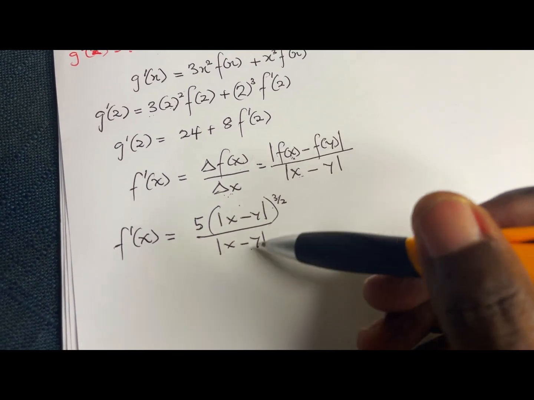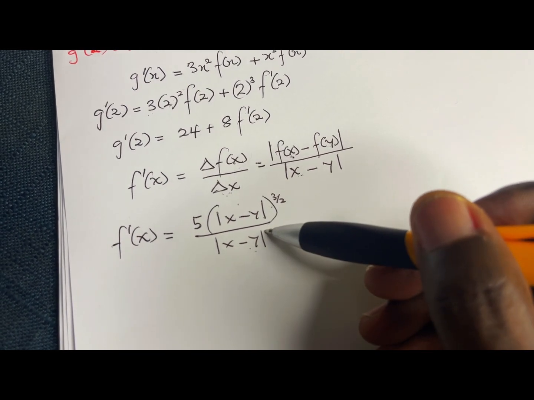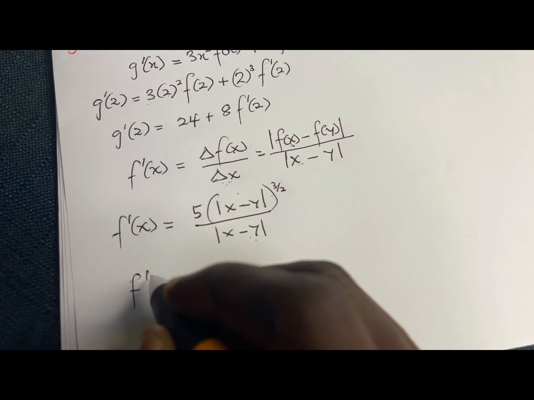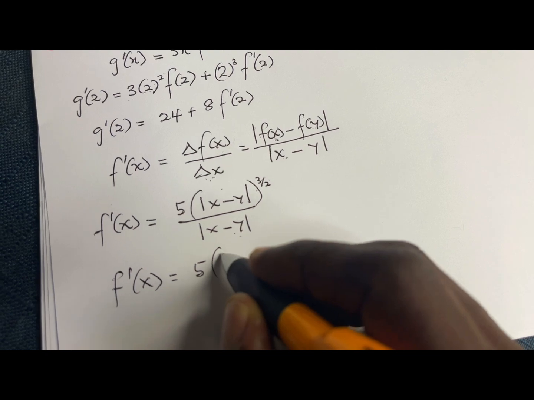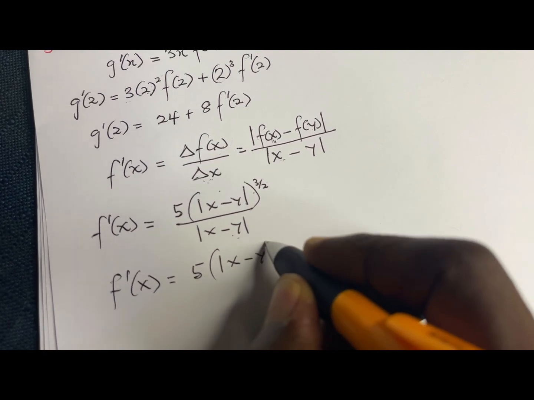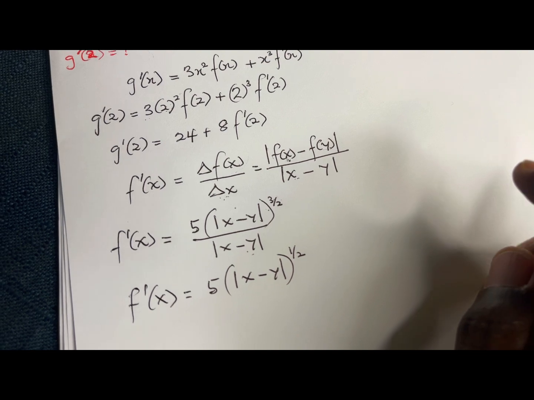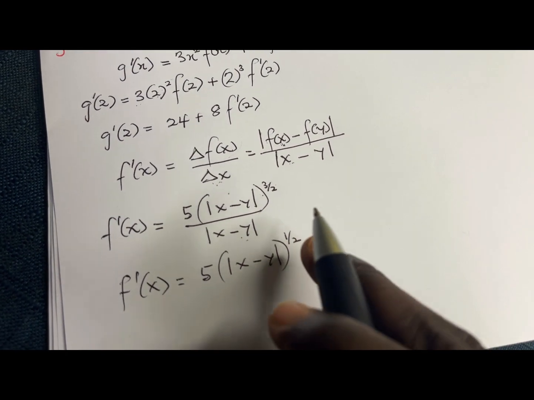We can solve this by the indices approach: merging the powers, f prime of x is less than or equal to 5 times the absolute value of x minus y to the power of 1/2.